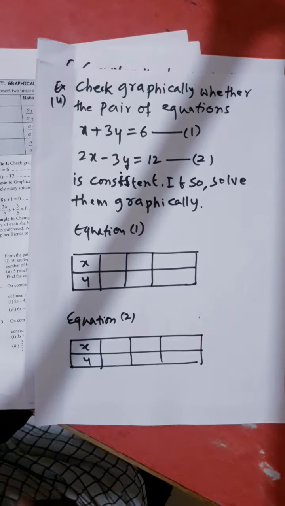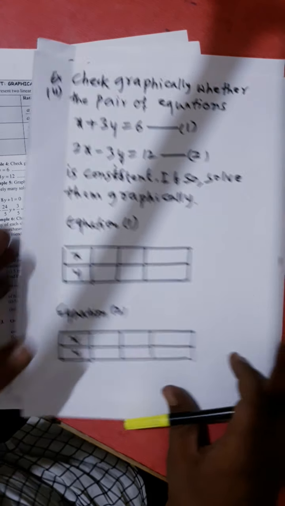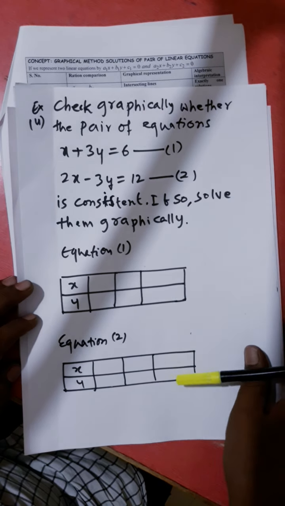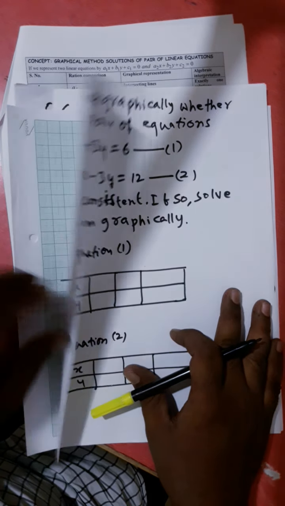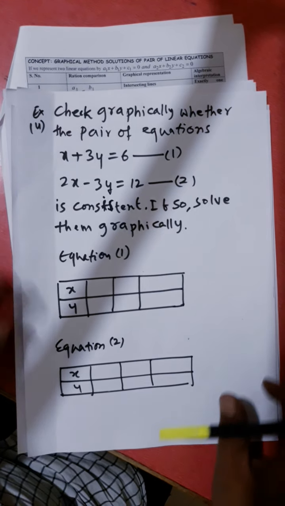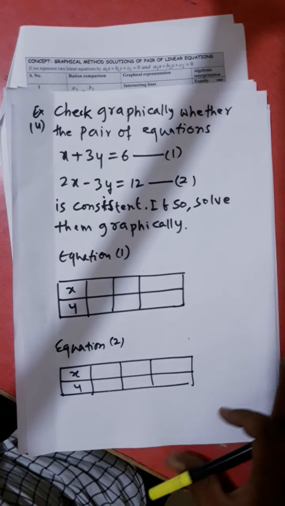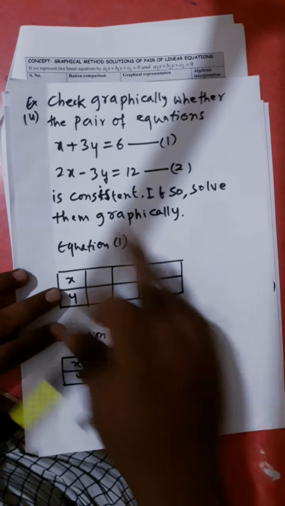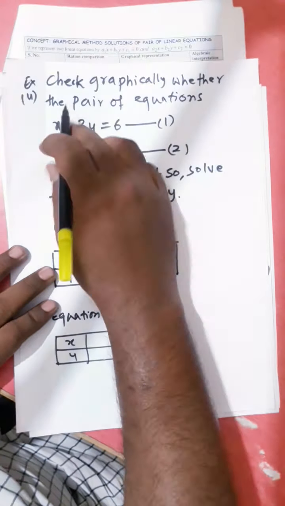Depending on this, we can solve this example. This is example number 4 given in the textbook. These are the two examples. Here, if I want to solve this, see what the question is.